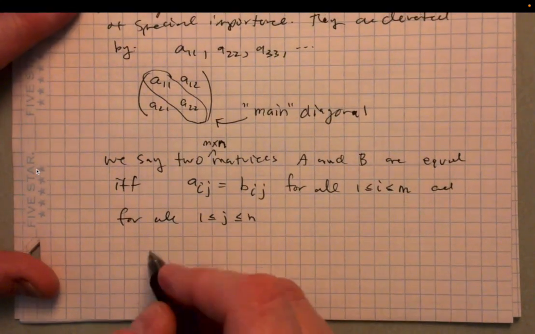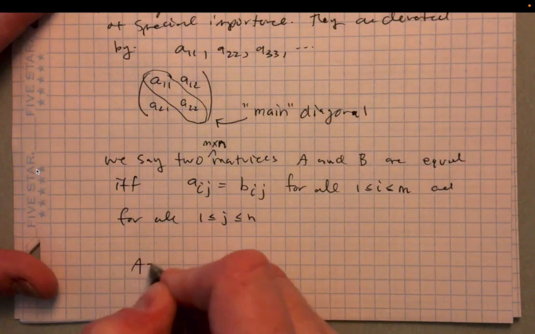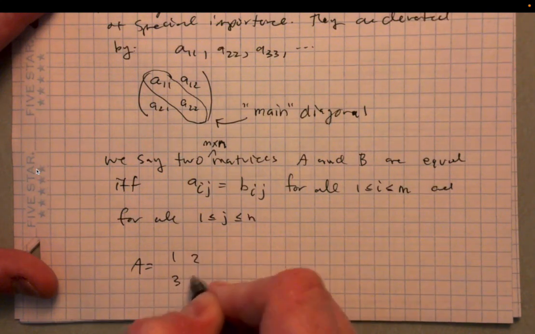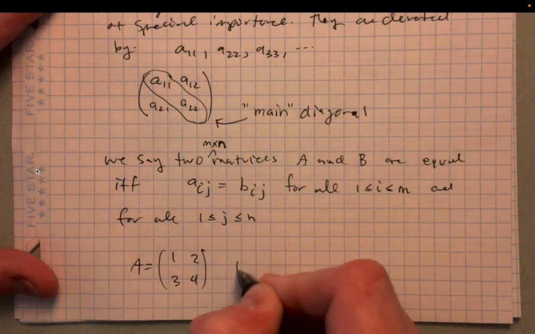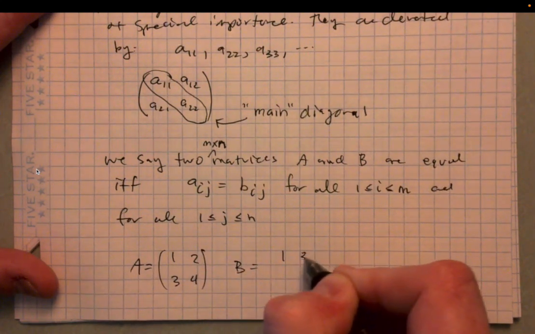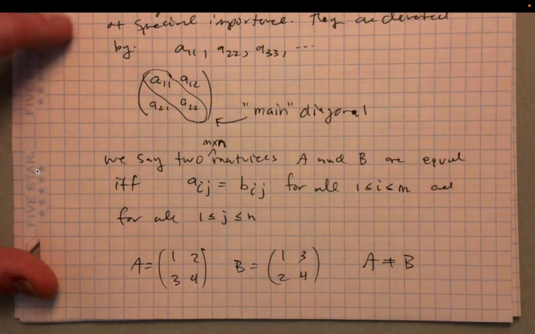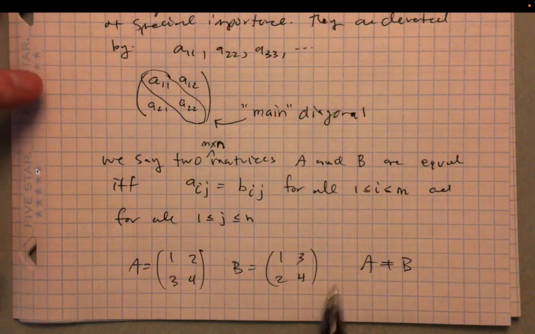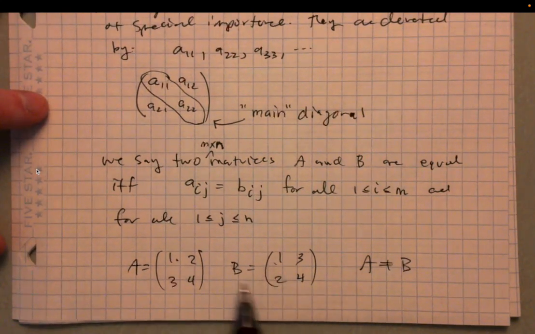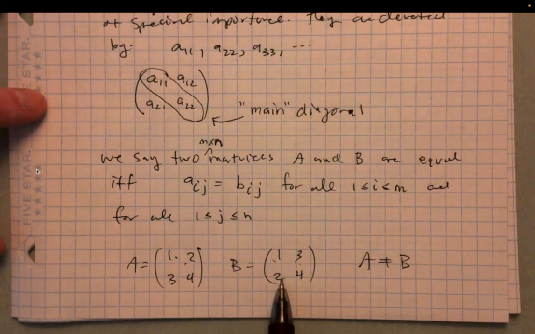Okay, so A equals 1, 2, 3, 4, and B equals 1, 3, 2, 4. A is not equal to B, right? Because 1 is equal to 1, 4 is equal to 4, but 2 is not equal to 3, and 3 is not equal to 2.